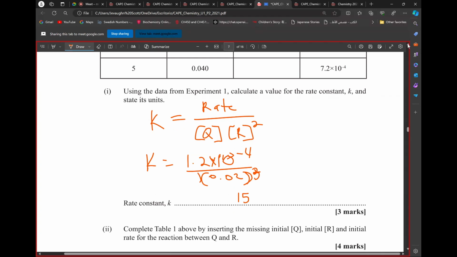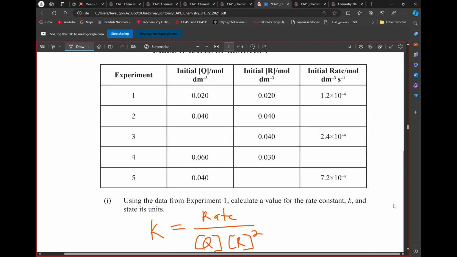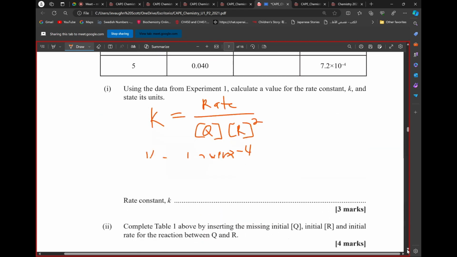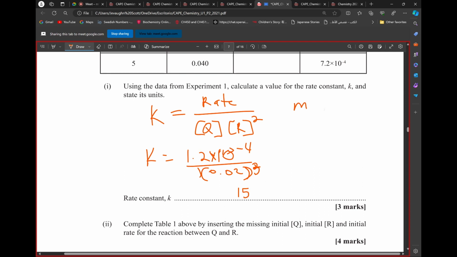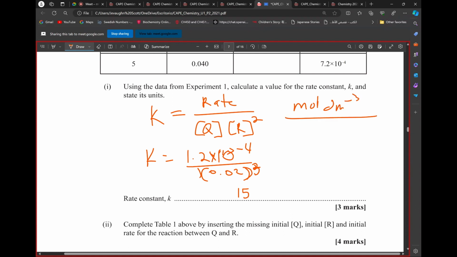What is the unit of k here? What's the unit of the rate constant k? So if rate is mole per dm cubed per second, and the denominator is mole squared dm to the minus 6... So would it be per mole squared dm to the 6 per second?